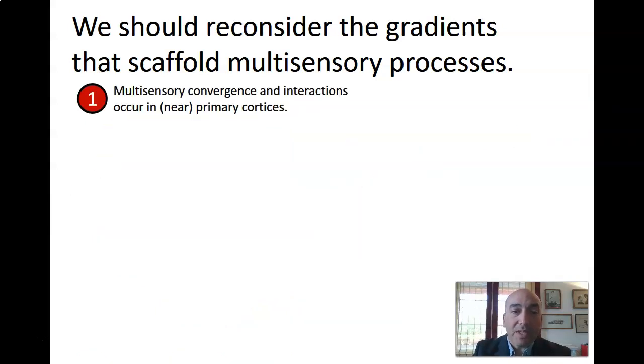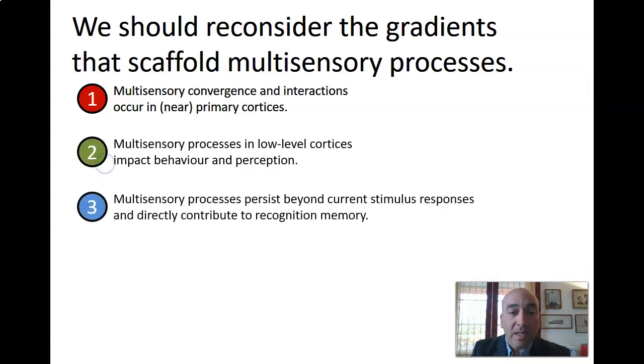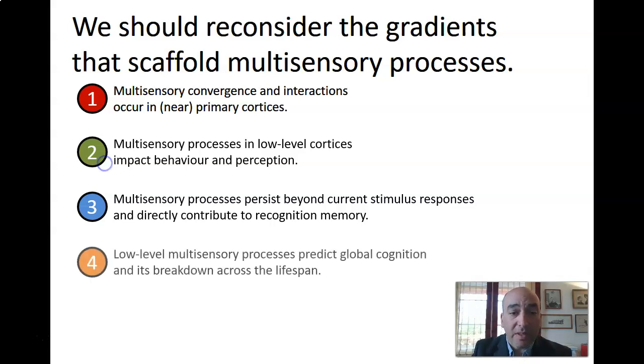Well, first we need to demonstrate that in humans, indeed, multisensory convergence and interactions do occur in primary cortices, that these are impacting behavior and perception, that they persist beyond the current stimulus response to directly contribute to cognitive functions such as recognition memory, that these are linked to cognition, and potentially its breakdown across the lifespan.